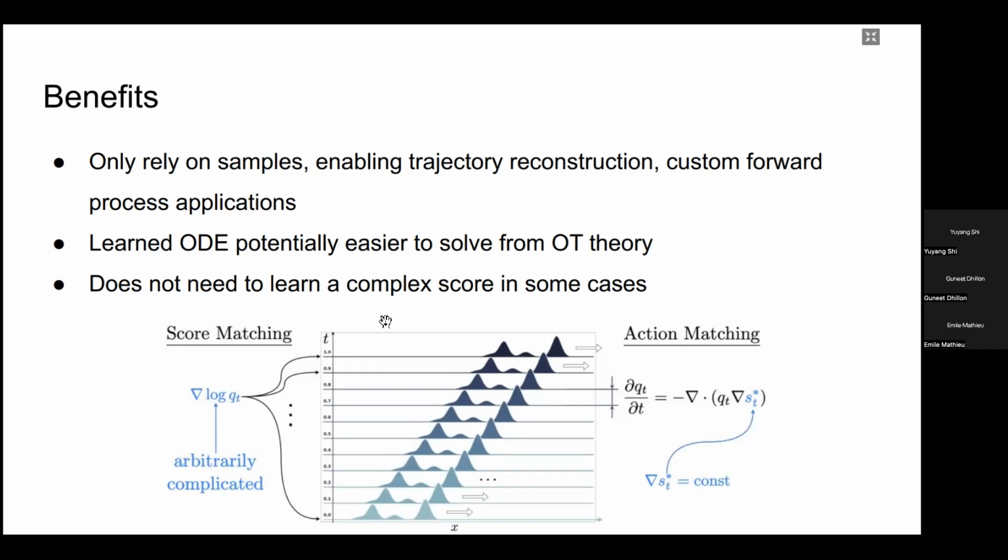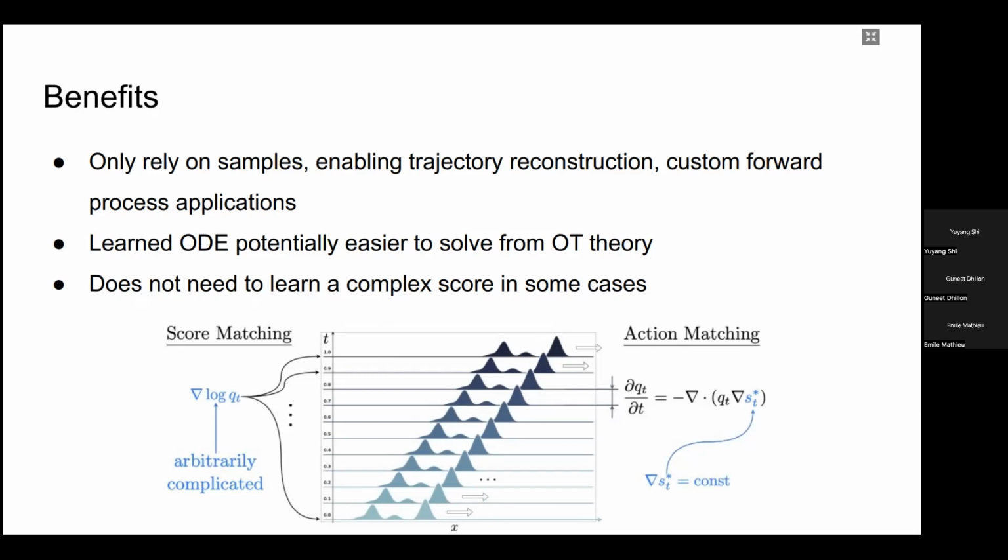If you want this kind of dynamics from time 0 to time 1, then the true dynamics for each sample is very simple. You just want the vector field to be constantly moving to the right, and that's it. So you don't need to learn anything complex.